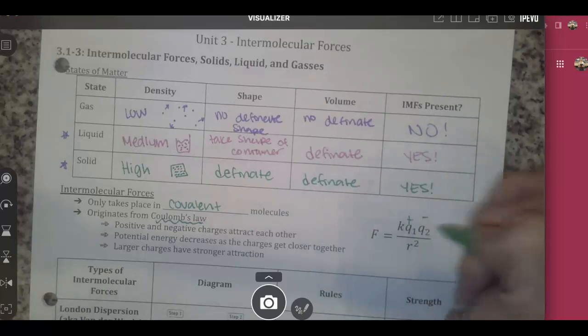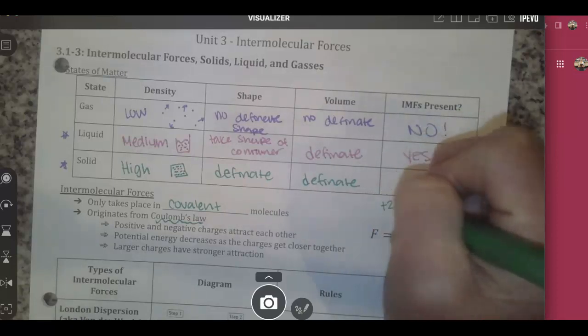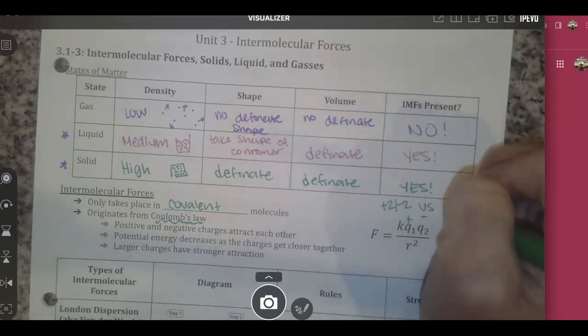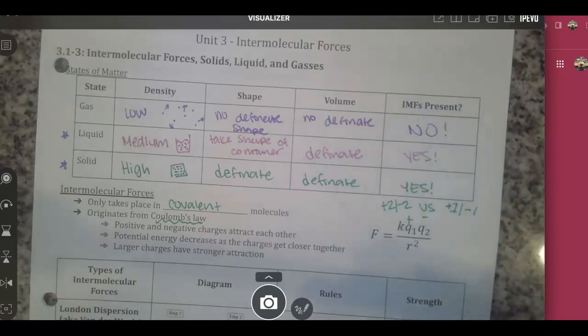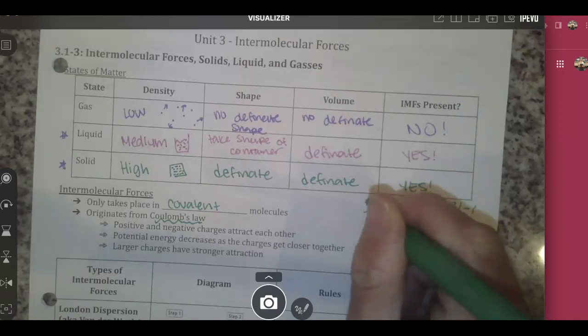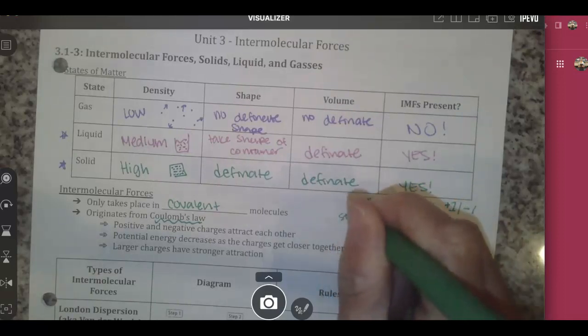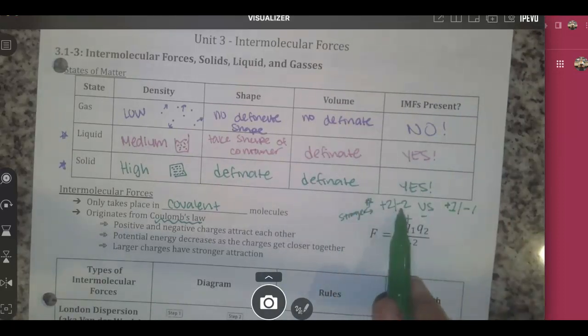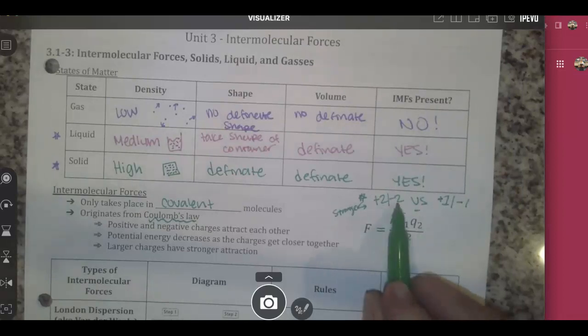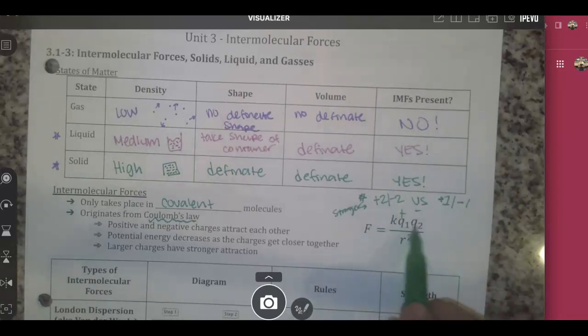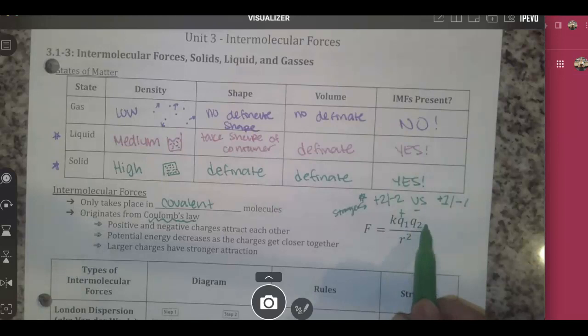So if my charges up here are a +2, -2 versus maybe you have something with a +1, -1, this is where you're going to have the stronger attraction because you have greater charges. Those larger charges are going to create a greater attraction, plus you're multiplying those two numbers together. So 2 times 2 is 4, 1 times 1 is 1. So already that's making a bigger number on the top of our fraction.